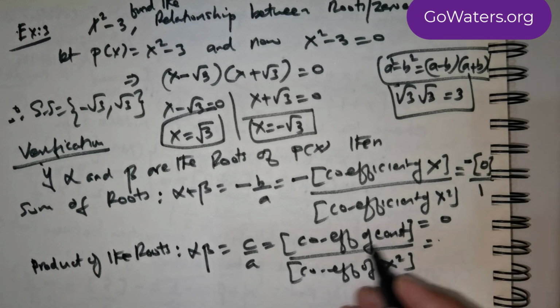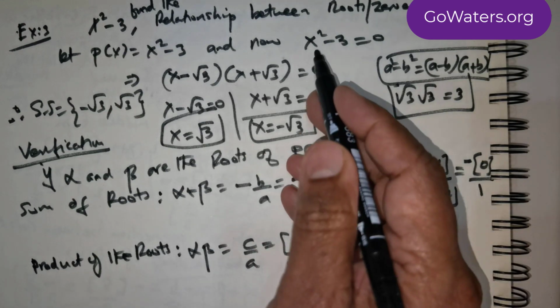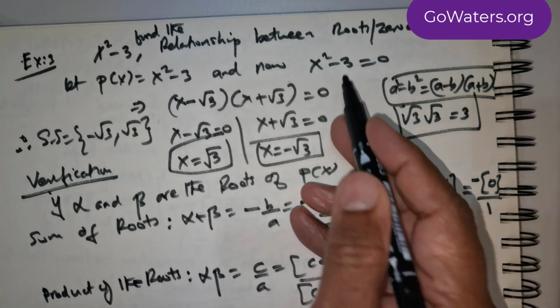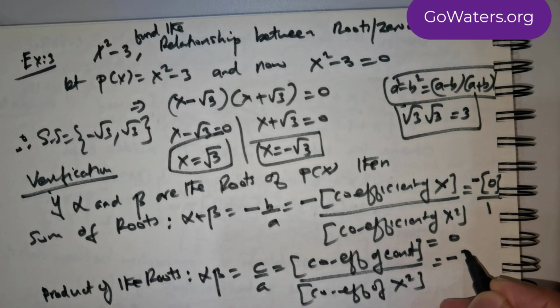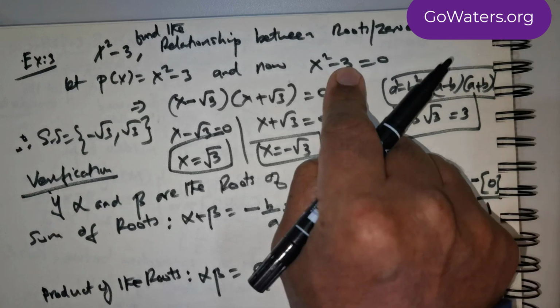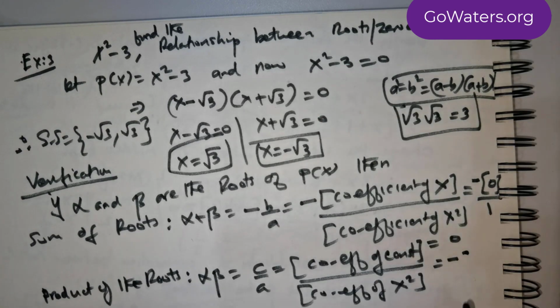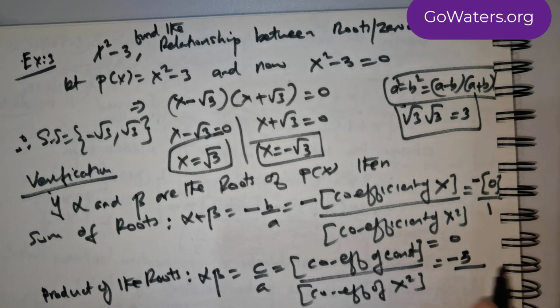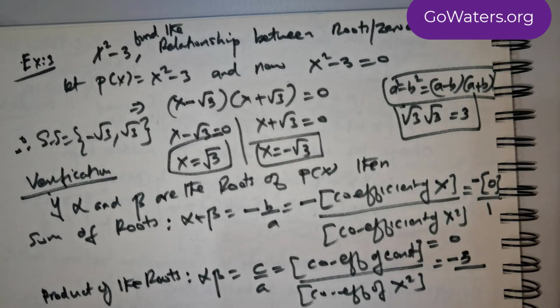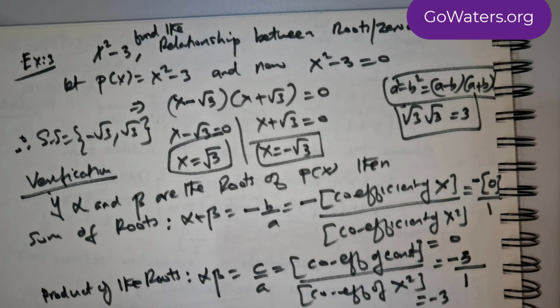What is the coefficient of constant? What is the constant here? Constant here is negative 3, right? Let us place that negative 3 divided by coefficient of x squared. What is that? That's going to be 1. So what do you get? Negative 3 will be the outcome, right?